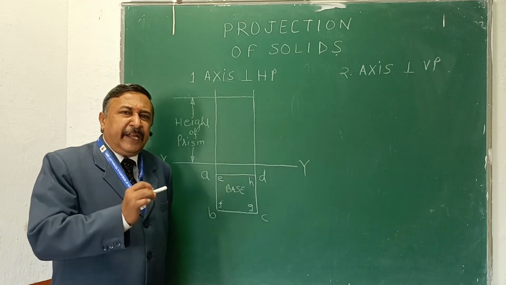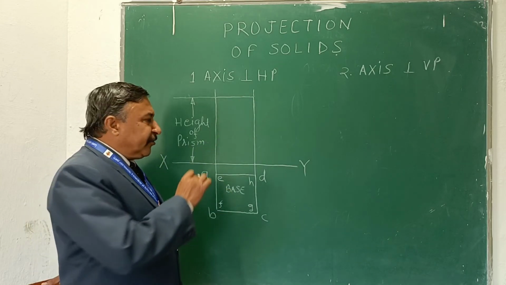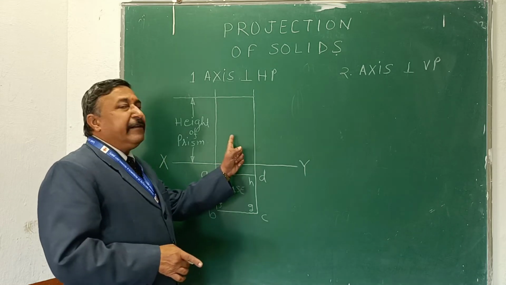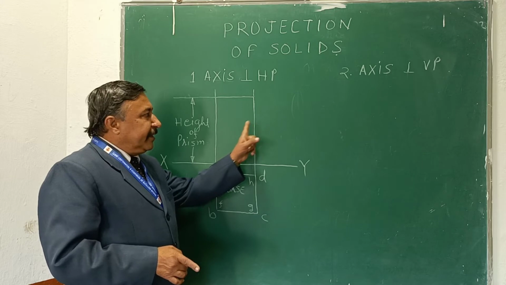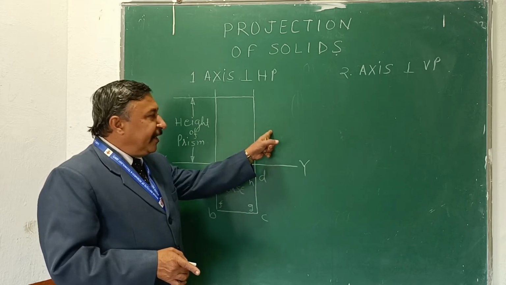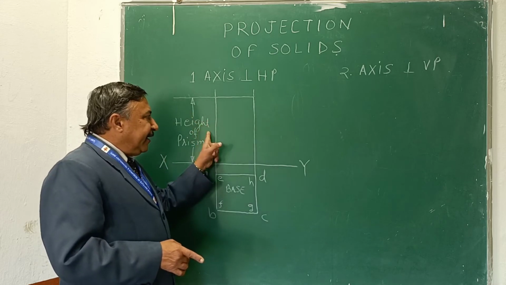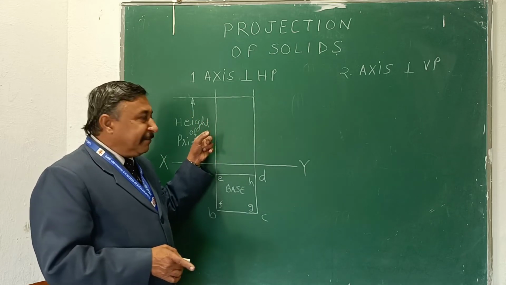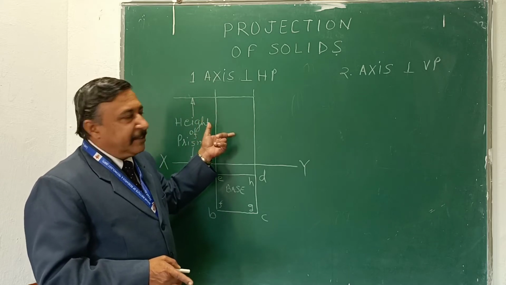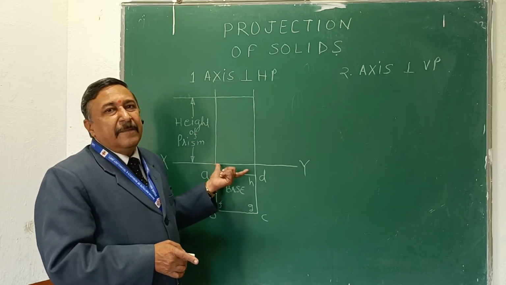So, if we observe the square prism from the front, we observe only one face. Another face is perpendicular, so it is not visible. Another face is also not visible, and the back face is also not visible. So, only one face is visible.